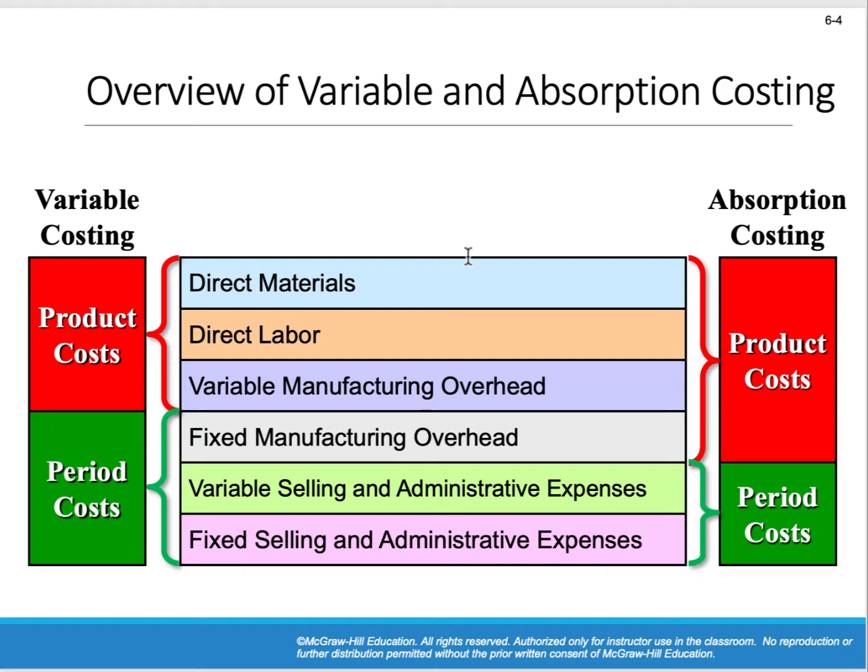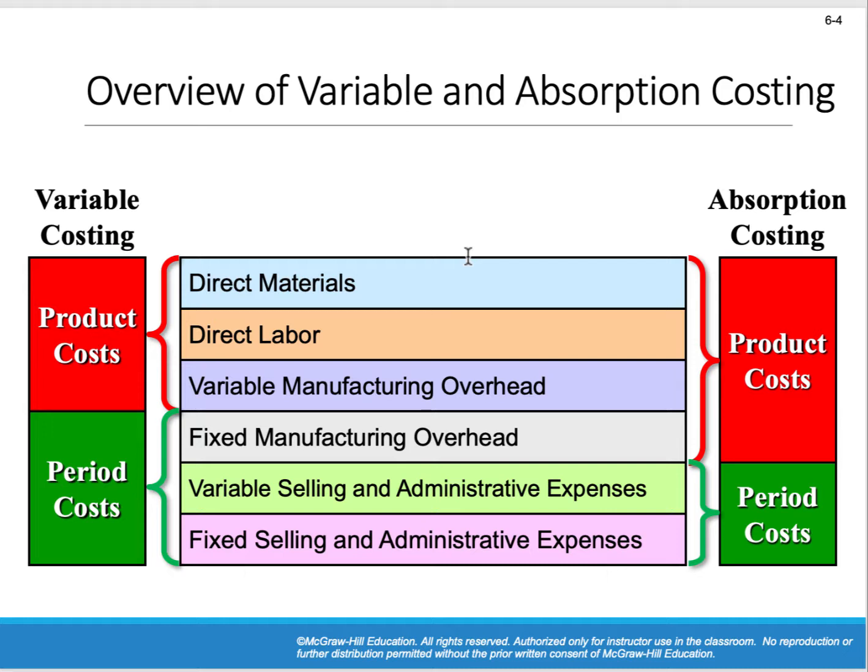Only under variable costing, we say we're going to treat fixed manufacturing overhead, even though it is a manufacturing cost, as a period cost, meaning we expense it when it is incurred. So under variable costing, we're going to lump it in with the selling and administrative costs, okay? It's the only difference between the two.